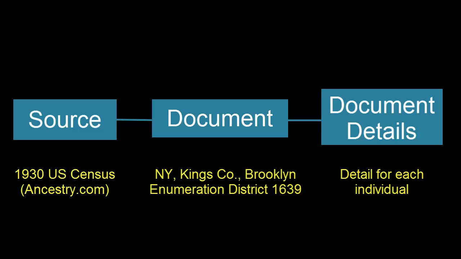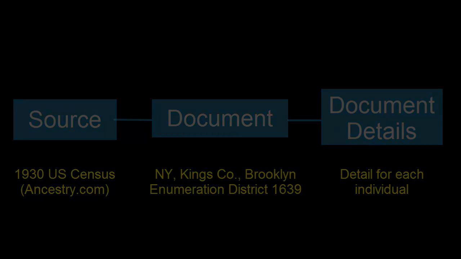If I had used a microfilm to view the census, then that microfilm would be the source. I find this best fits the way Clooz works and avoids duplication of data entry. When making your own decisions on this, keep in mind how the Clooz source and document records are structured.